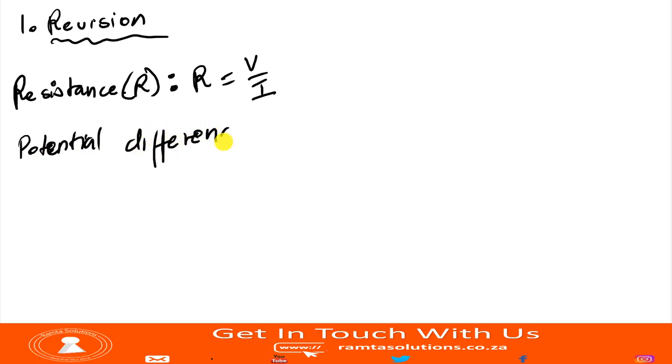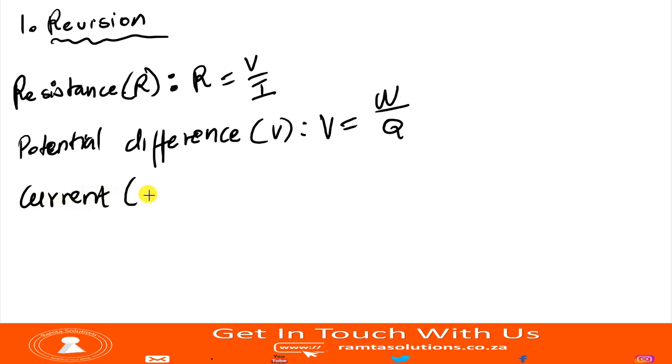Our potential difference, which is symbolized by letter V, we use the formula V equals W over Q. And then we have current, which we symbolize with letter I, with the formula I equals Q over T.